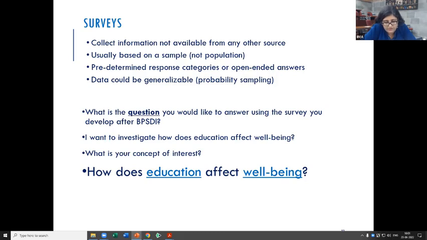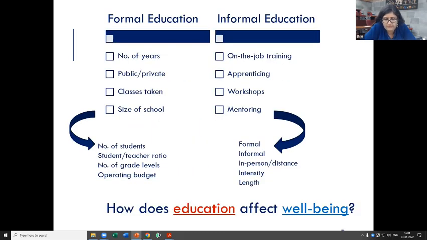So you take education first and think about the different things that you could cover in education. It could be formal education, it could be informal education. Within each, there are specific things like how many years they have spent, was it public or private, how many classes were taken, what classes were taken, what was the size of the school.